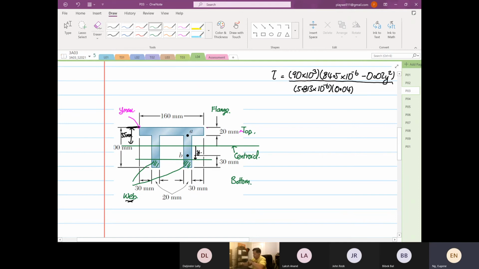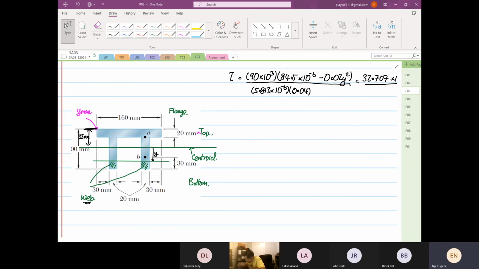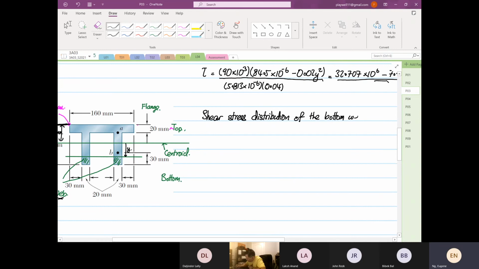So we're going to find the shear stress distribution of the bottom web.